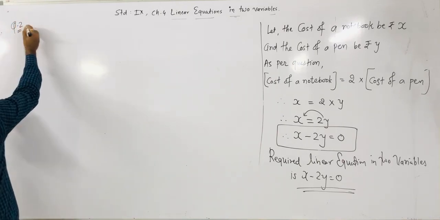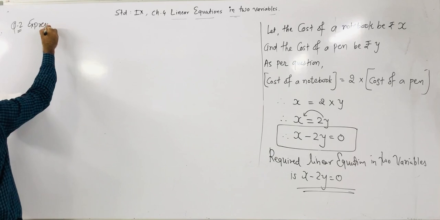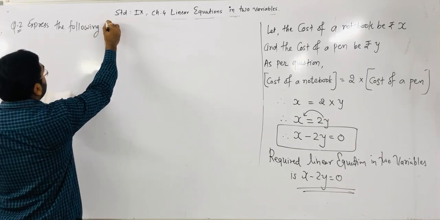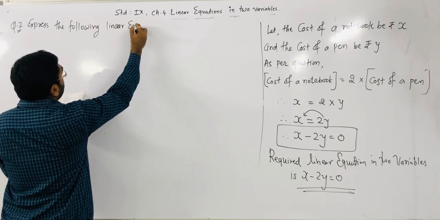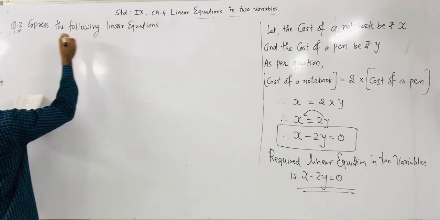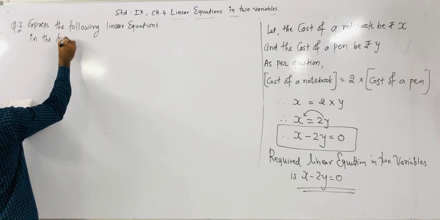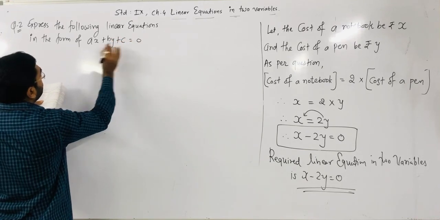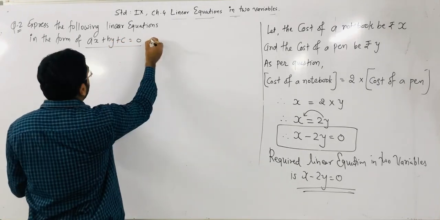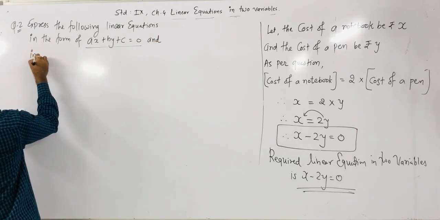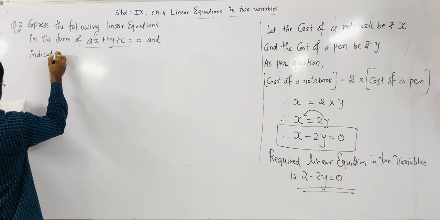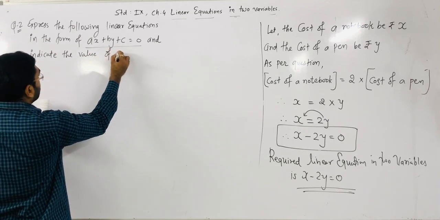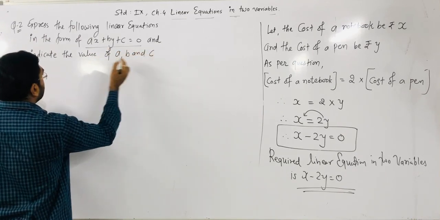Question 2 says: express the following linear equations in the form of ax plus by plus c is equal to 0, and indicate the values of a, b and c in each case.